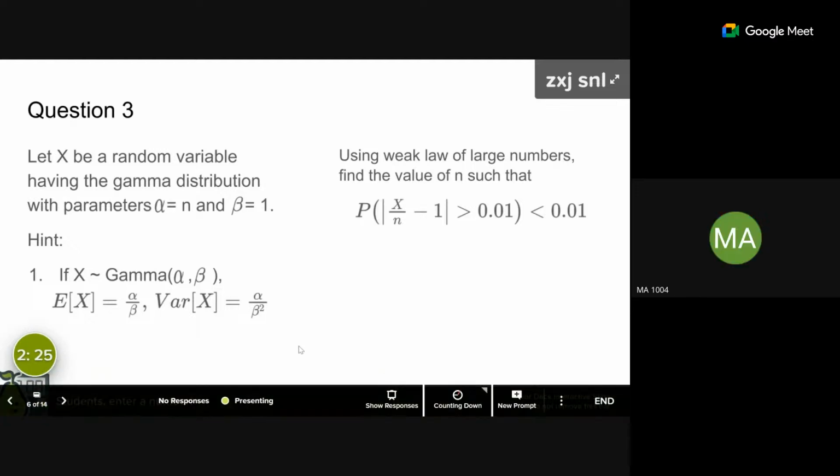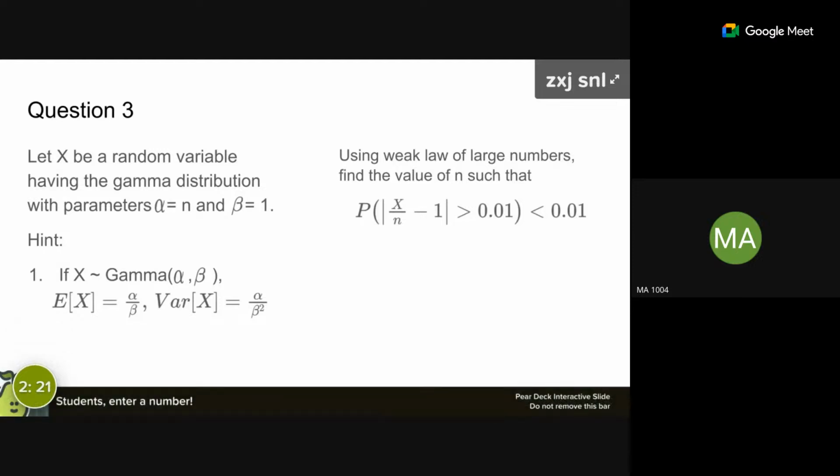Okay, the hint is: just take this capital X as a sum of some random variables. But how many random variables will you take? Just recall first the weak law of large number format. What does it say?